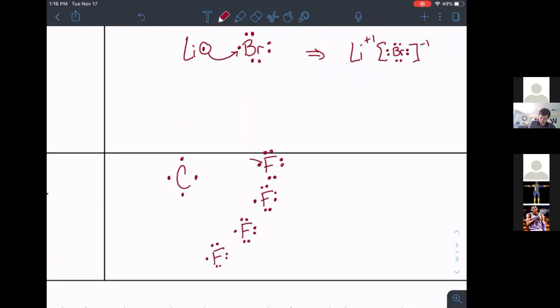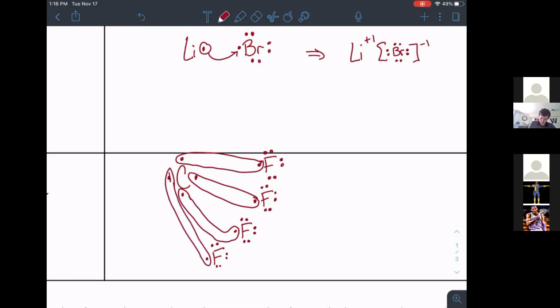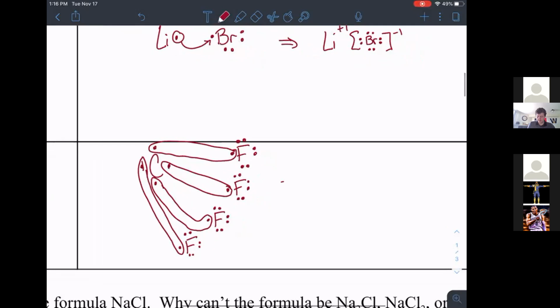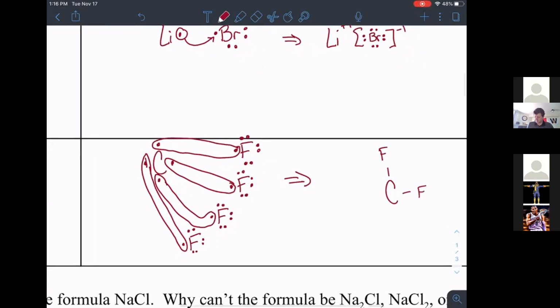So we're going to show that the electrons are being shared between these elements. And then we replace that circle with the 2 valence electrons being shared. We replace that with a line, or a bond, between fluorine and carbon.